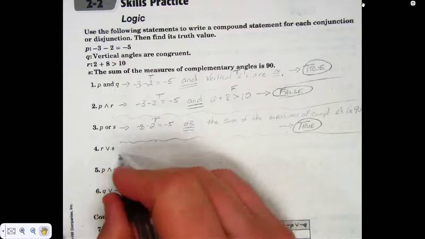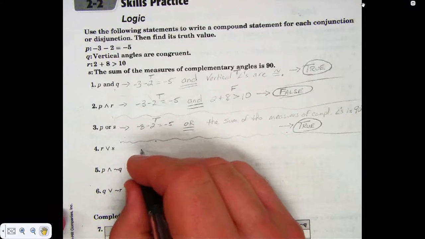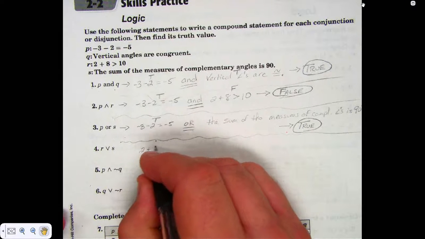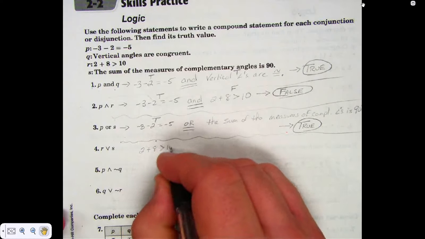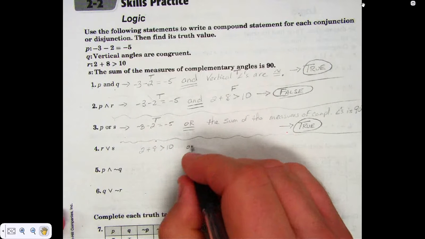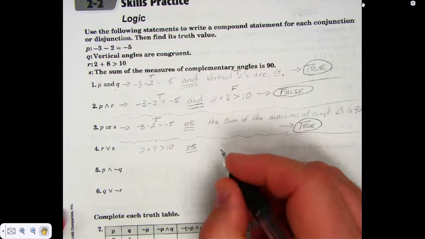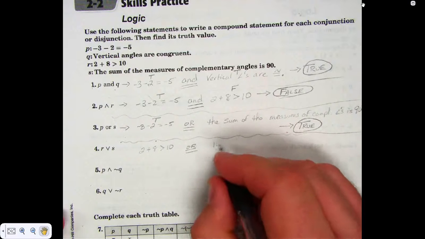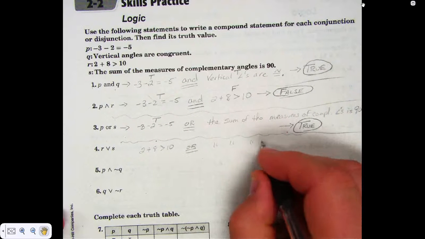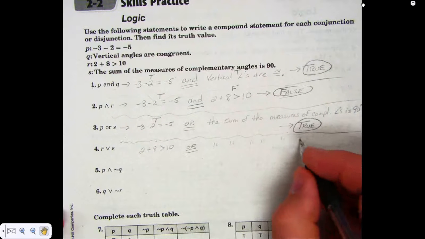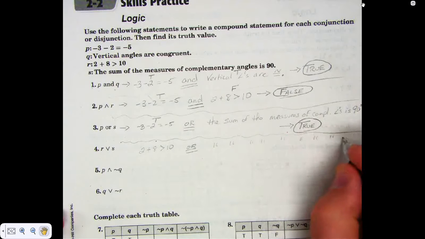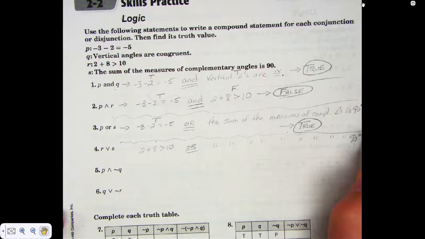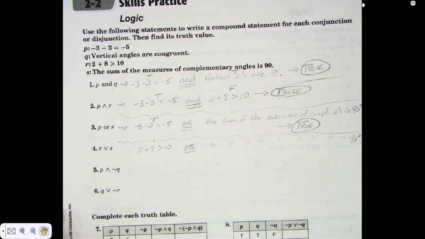Okay, R or S. So I've got 2 plus 8 is greater than 10, or the sum of the measures of complementary angles is, I'm going to put 90 degrees just to remind you, the same thing as up above, okay?